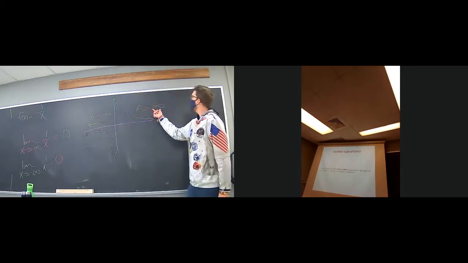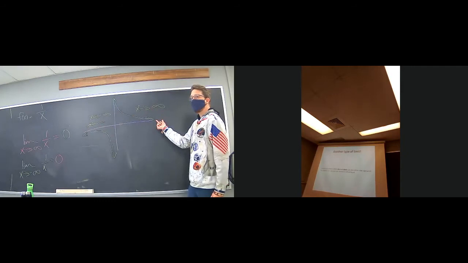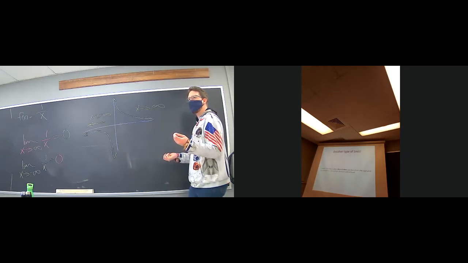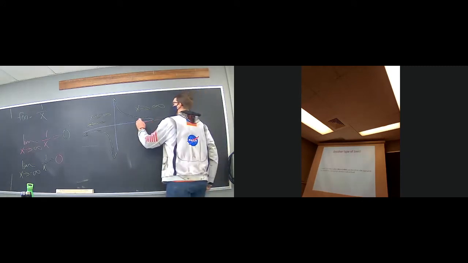As we move further and further right, we get closer and closer to 0. Well, isn't that just another asymptote, but this time it's horizontal? So we also have horizontal asymptotes. And we determine them by evaluating what the limit is at infinity or -infinity.